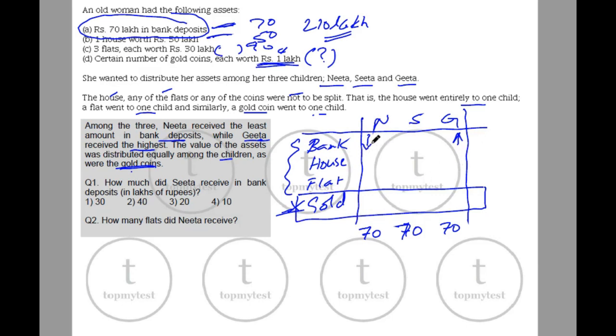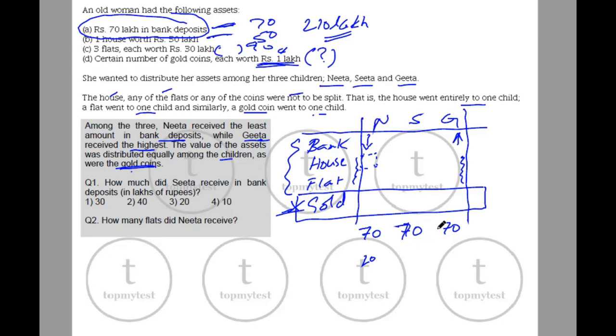Now if Geeta received as much in bank deposits, it means the value of the other assets will be as low as possible, and Nita should get as high as possible in other assets. Now let's see, if I give the 50 lakhs house to Nita, the remaining she should get is only 20 lakhs. Also, all the 3 flats cannot go to one person because the total value for each person is only 70 lakhs.